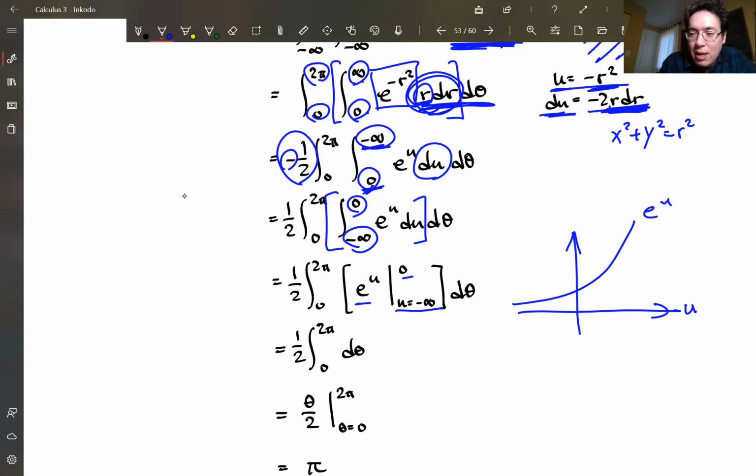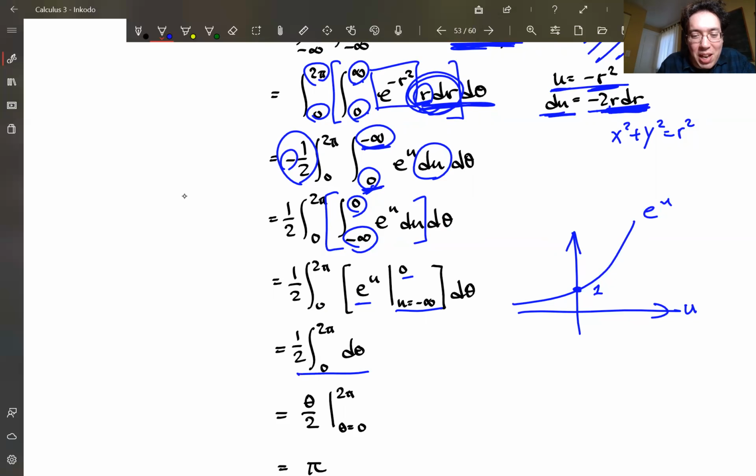If you go to negative infinity, it gets closer and closer to 0. And e to the 0, anything to the 0th power is 1. So e to the 0 is 1, and we're going to subtract 0 from it. So after the integration, we just have the constant 1.